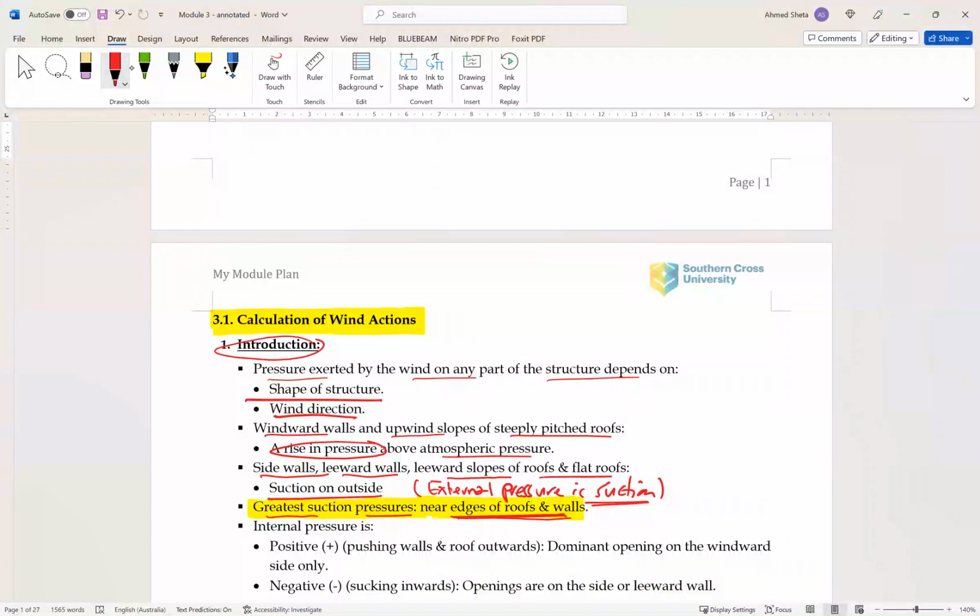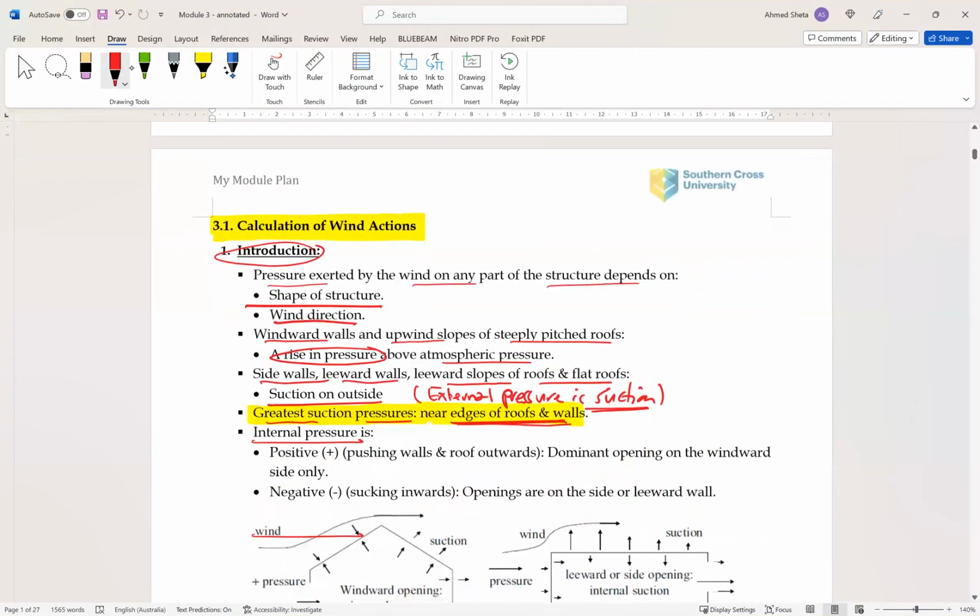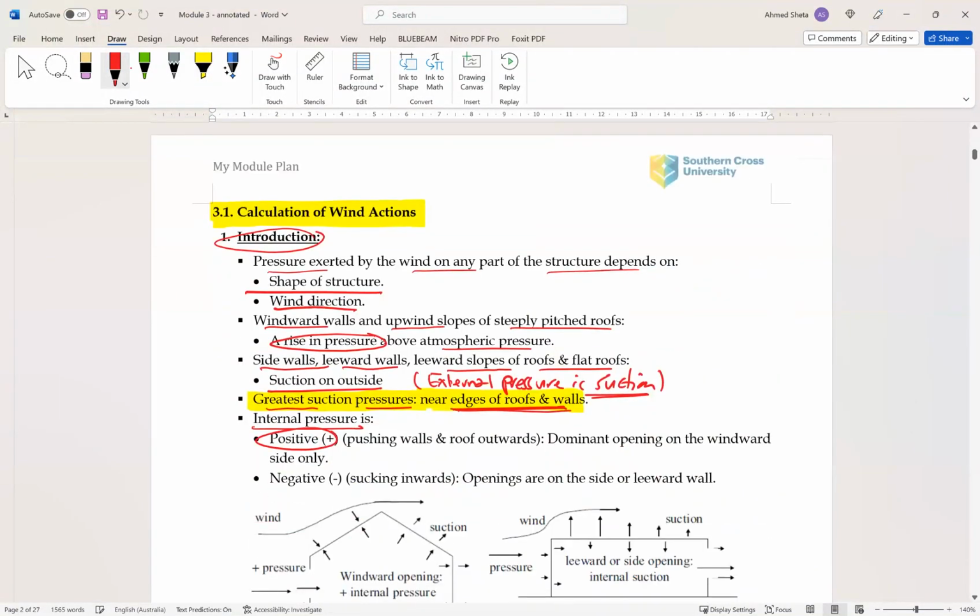Okay, the internal pressure can be positive or negative. Positive means compression, and negative means suction. So positive is pushing walls or roof outwards.